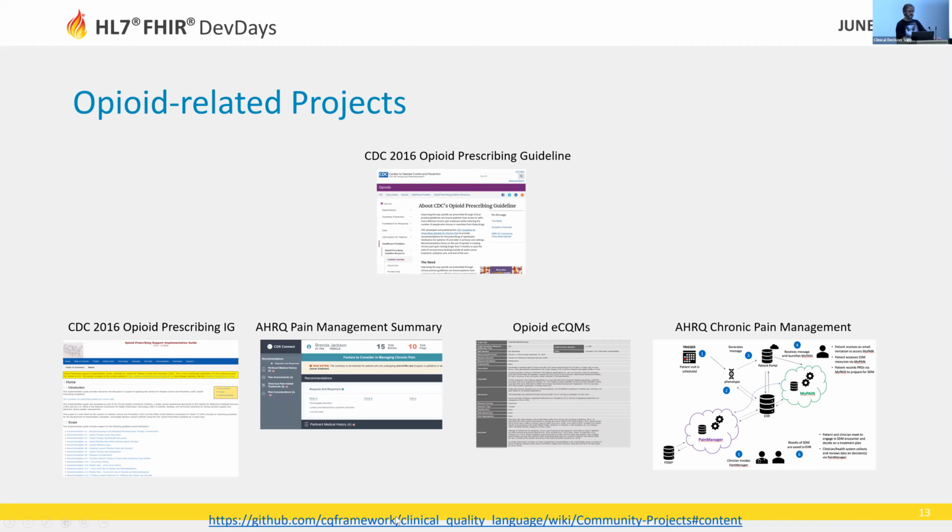There's an ARC pain management summary that's a SMART on FHIR application that provides cognitive support for the 2016 guideline. There's an opioid eCQM, and there's an ARC chronic pain management that provides shared decision-making for chronic pain management. We're going to focus on the opioid prescribing IG, but just recognize the context here is that these are all different artifacts that are derived from that same guideline.